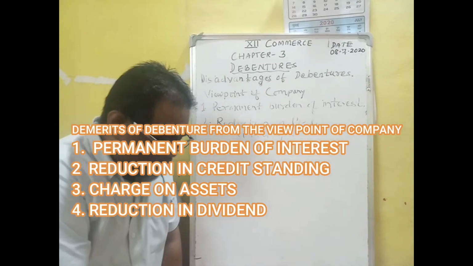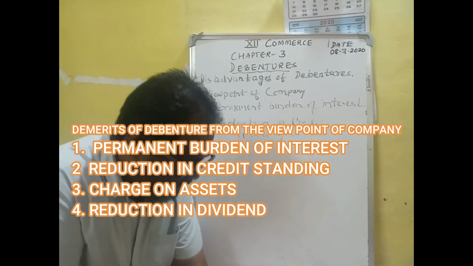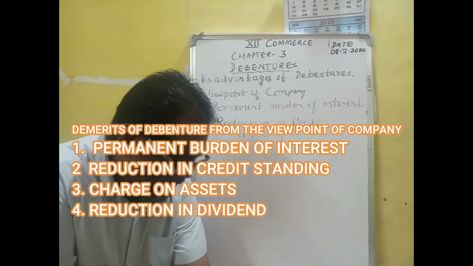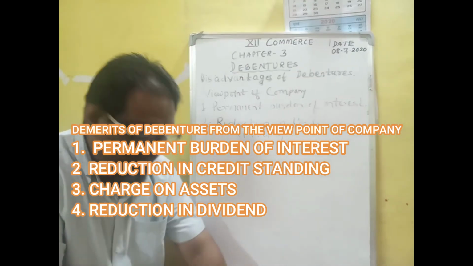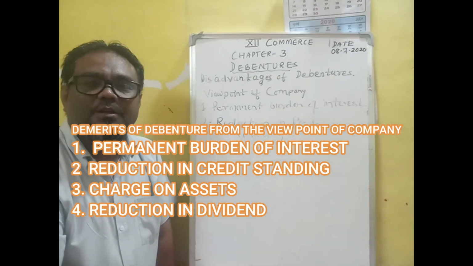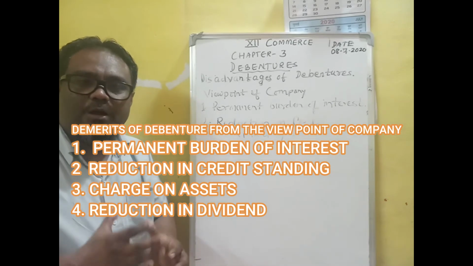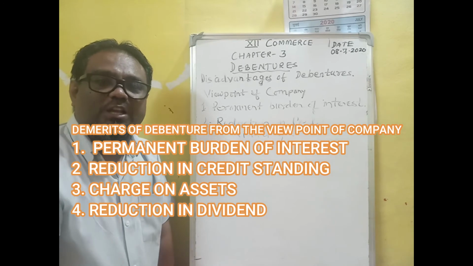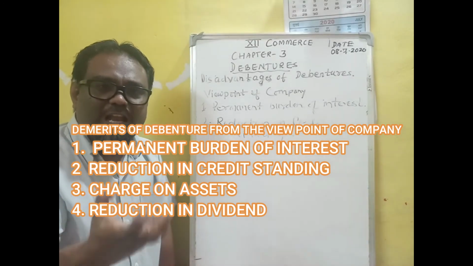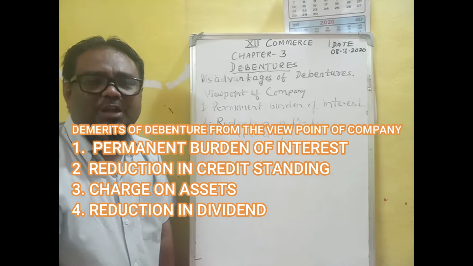So when the company is earning very little profit, the company may not be able to pay enough dividend, because the amount is going in the form of interest on debentures. The remaining profit is very less. Very less dividend is declared to the shareholders.